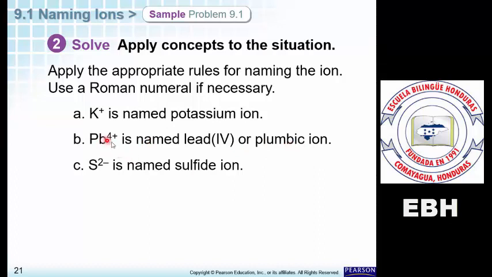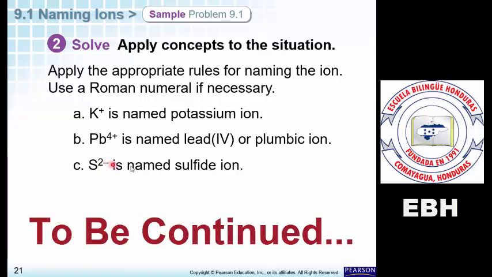Remember, because it's the upper charge of the symbol, we use the suffix IC, plumbic ion, and the last part, ion. And you have another example with sulfur. Sulfur, take a look in the periodic table. Sulfur with a negative 2 charge is named with the suffix IDE, and the last part, ion.